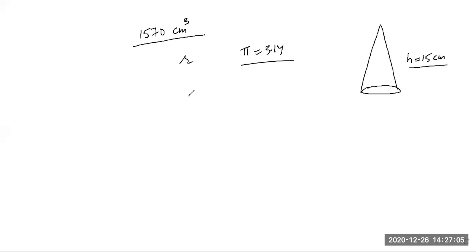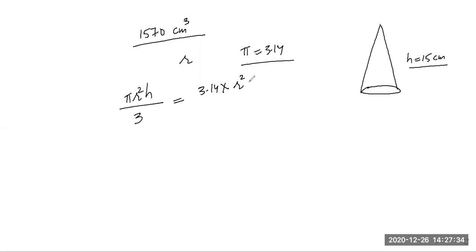So very simple. What is the volume of the cone? Formula: 1 by 3 pi r square h. So this is equal to 3.14 into r square, we have to find out the radius, na?